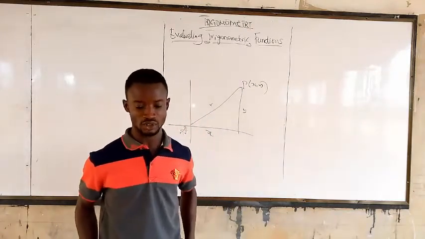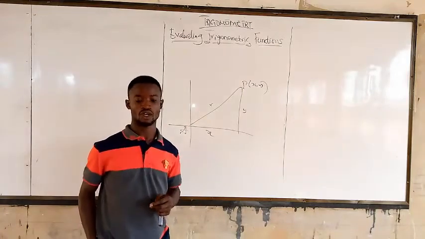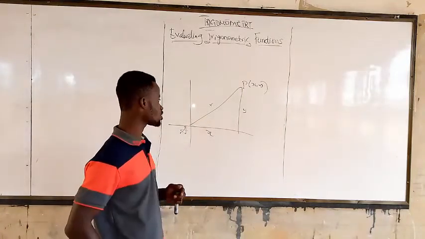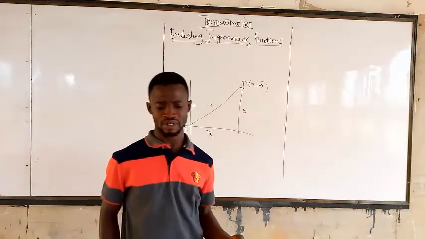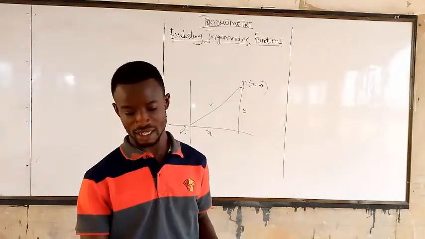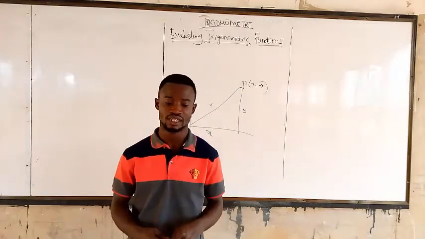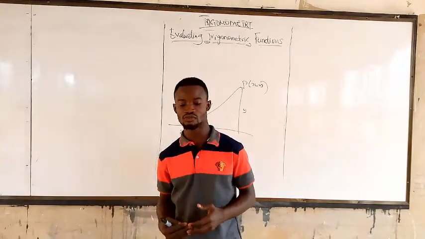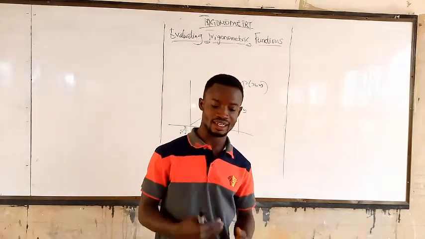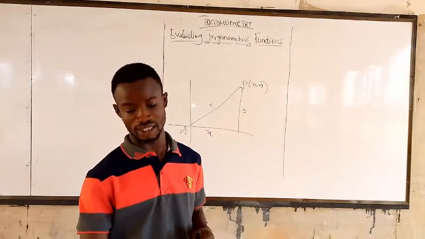Right triangle-based definition of trigonometric functions. We have already established that sine is opposite over hypotenuse. You can be writing in case you still need it. Cos is adjacent over hypotenuse, and tan is opposite over adjacent.